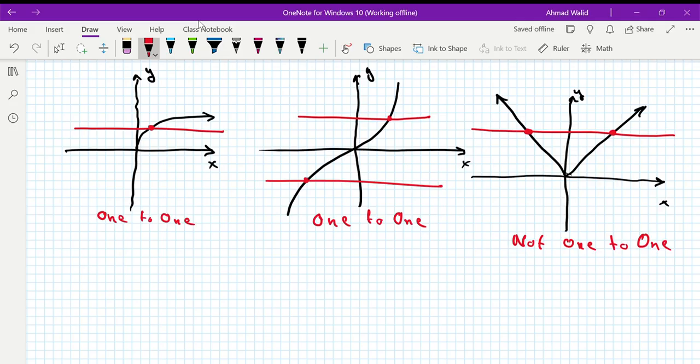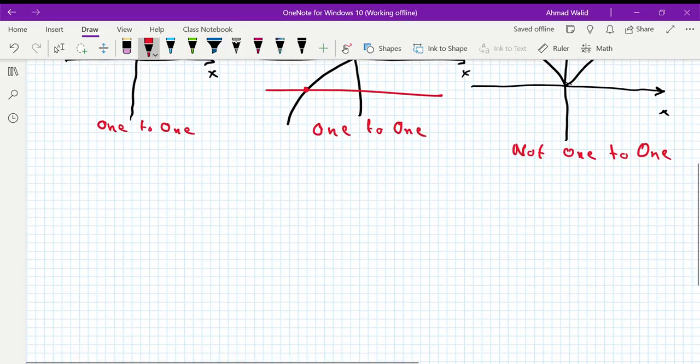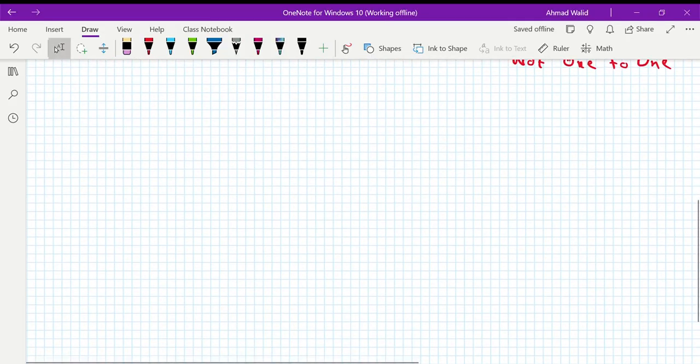Now, when you learn what a one-to-one function is, I can talk about the inverse of a function, or inverse functions, correct?